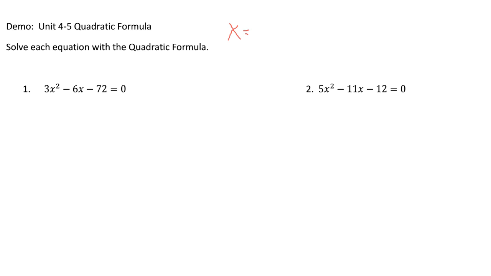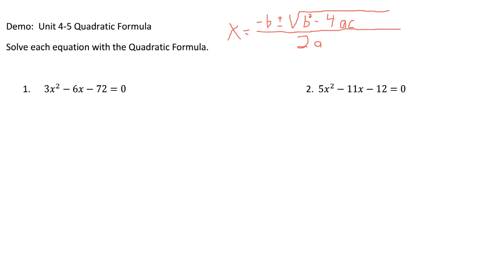X equals the opposite of B plus or minus the square root of B squared minus 4 times A times C, and that whole thing is over 2 times A. Now that is your quadratic formula.